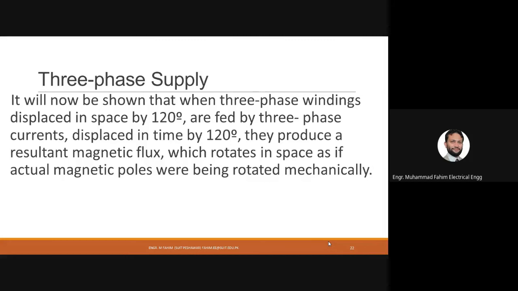It will now be shown that when three phase windings displaced in space by 120 degree are fed by three phase currents displaced in time by 120 degree, they produce a resultant magnetic flux which rotates in space as if actual magnetic poles were being rotated mechanically.